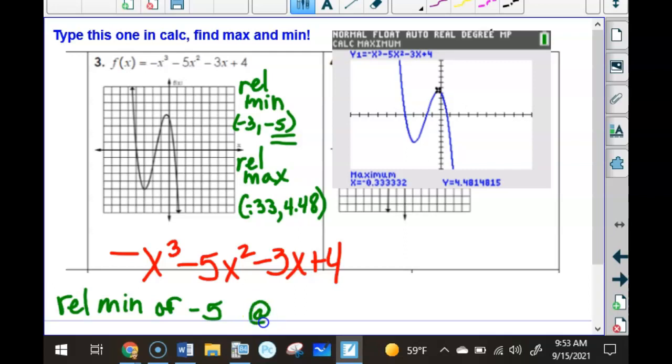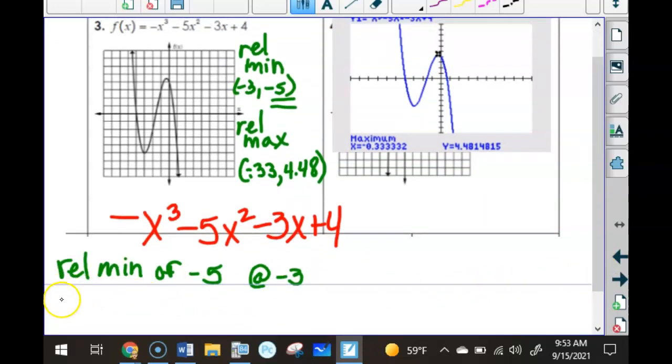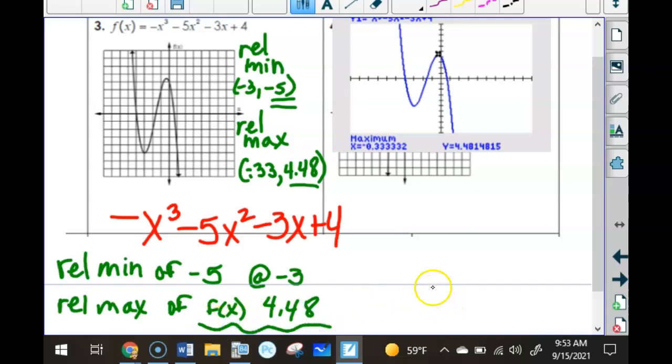And that occurs at -3. Sometimes all they ask for is the value of the function. So what is the relative max of the function? The relative max of the function is the y value up here, 4.48. If it asks of the function here, it's looking for a y value.